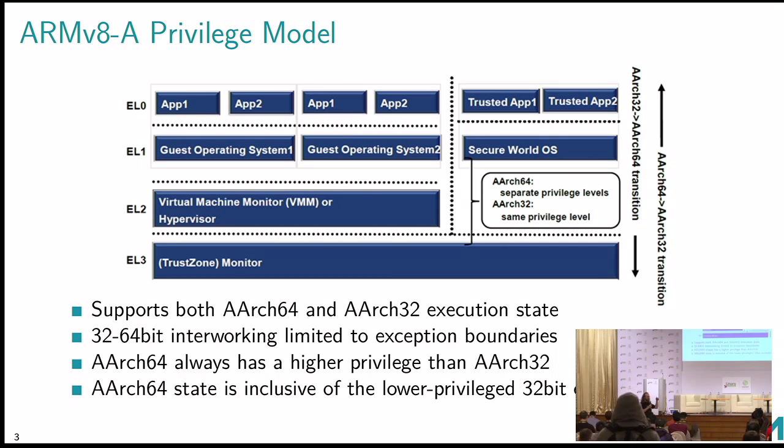Interworking is only defined between exception levels, so you can't switch from 64 to 32-bit while staying at the same exception level. You have to transition. So the 64-bit mode is always of higher privilege than the 32-bit mode. For example, you can have a 64-bit hypervisor and a 32-bit guest. You can't have it the other way around.